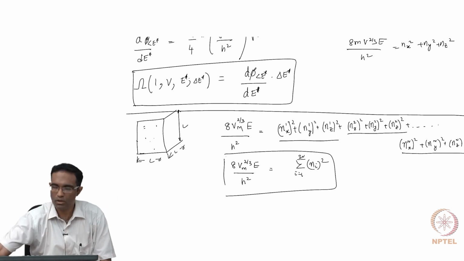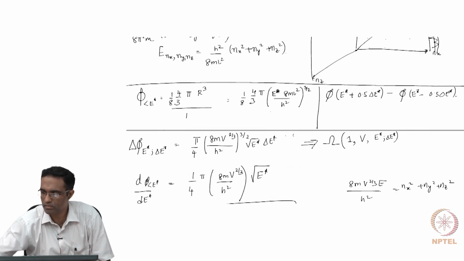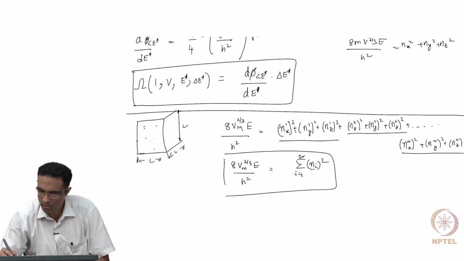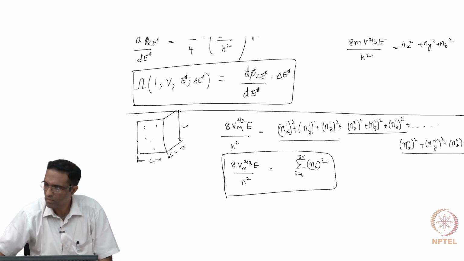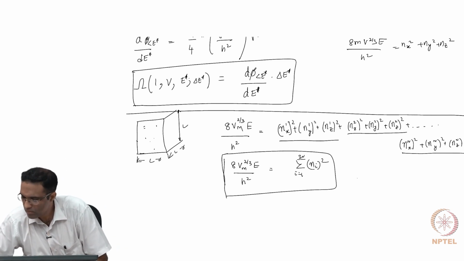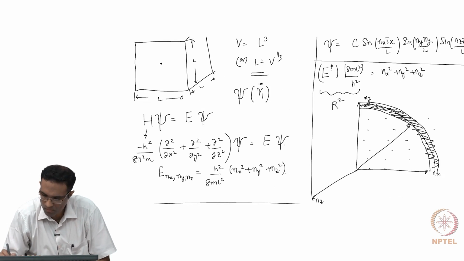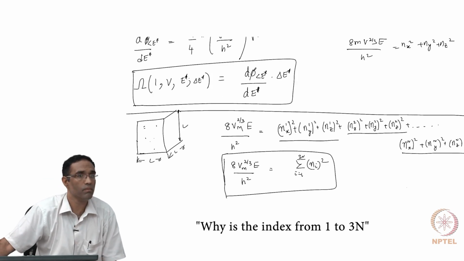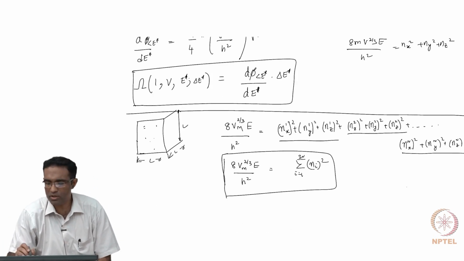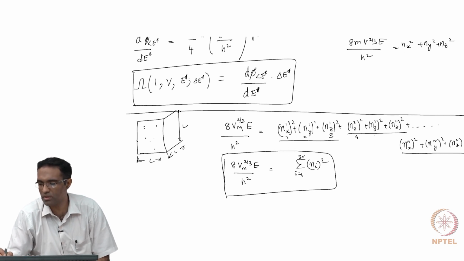Okay, so now, why is it from? Yeah, I am just calling this as 1, this as 2, this as 3, this as 4, this as 5, this as 6.